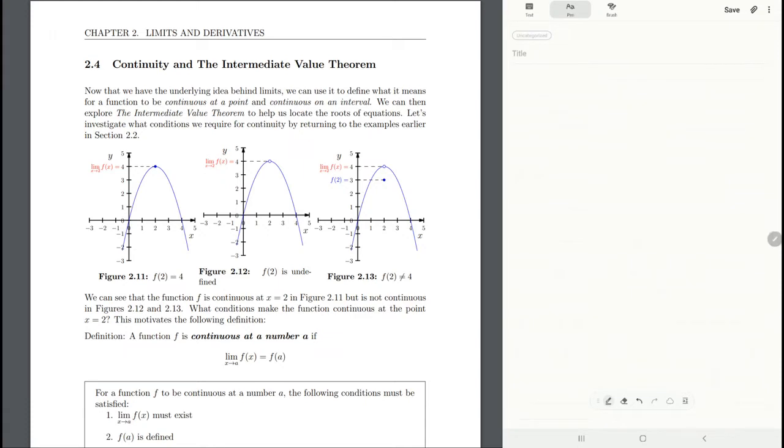So a way that you can think about what continuous functions look like is, if we can draw the graph of the function without having to lift up our pen, then this is a continuous function. So there are no gaps or breaks in the graph. On the other hand, if we have to lift up our pen, then this may not be a continuous function at a particular point.